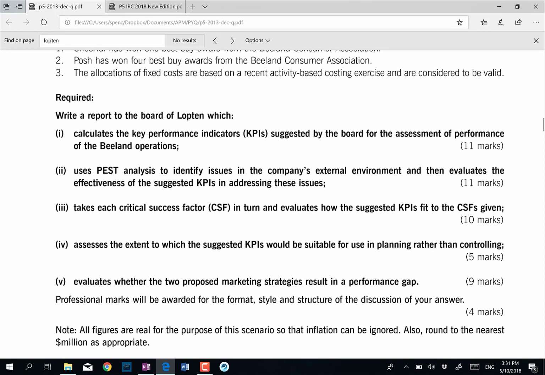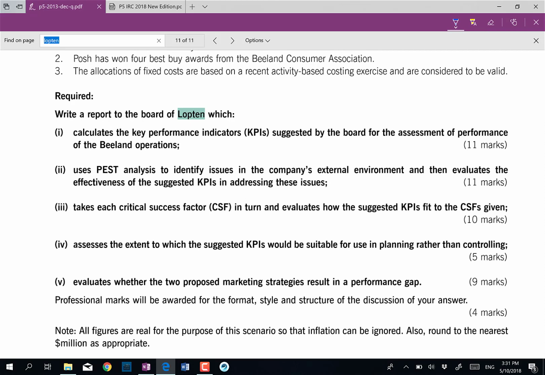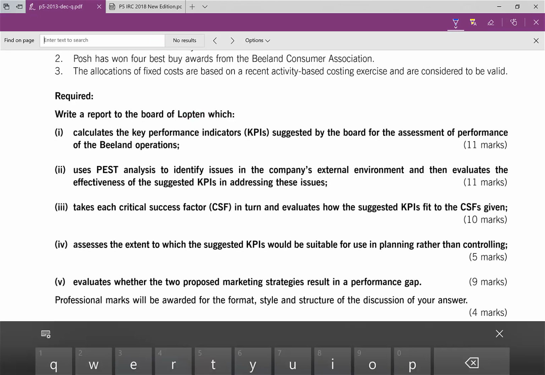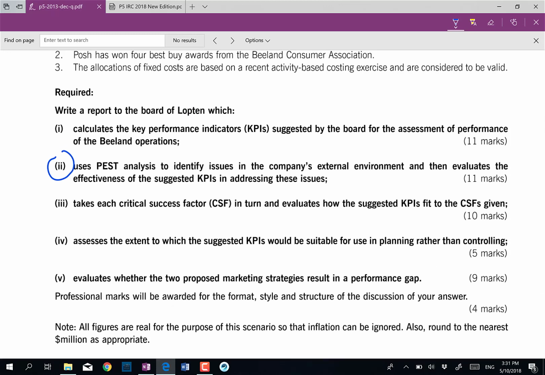So let us look at the question requirement. We are going to specifically focus on what I intend to discuss with you today, which is question 1 part 2. Use PEST analysis to identify issues in the company's external environment.